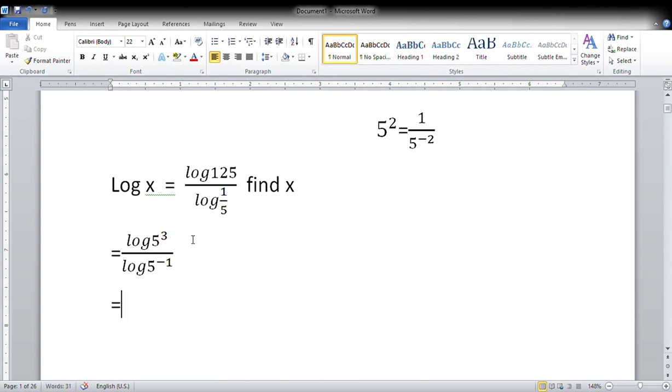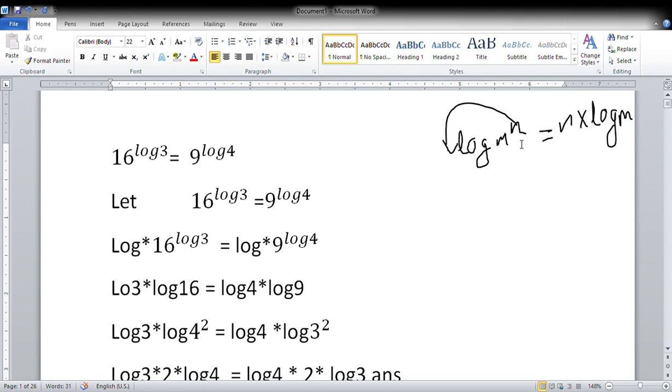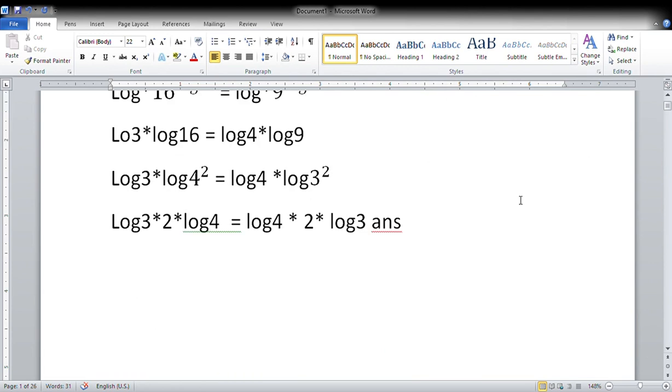If a number is present on the power side, it should come to the front side. That's what we have studied: log m to the power n is n multiply log m.